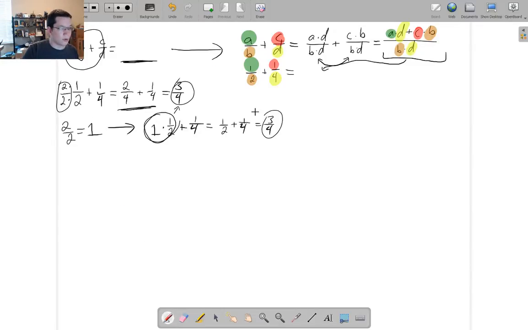So we'll do 1 times 1 plus 1 times b, which is 2, divided by 2 times, and then in the yellow we have 4.